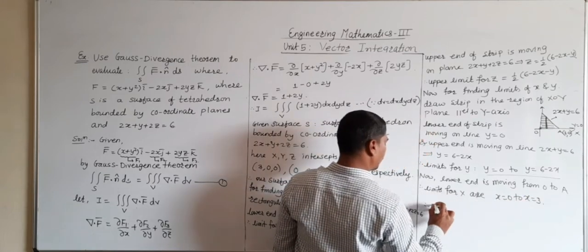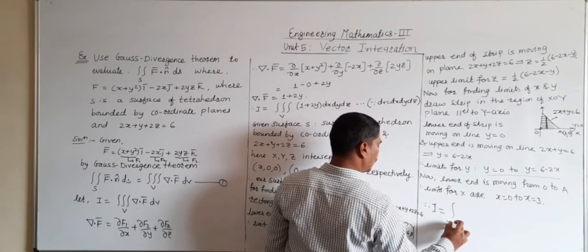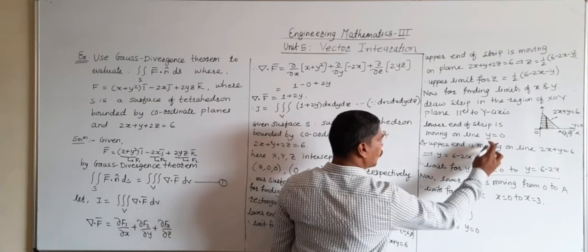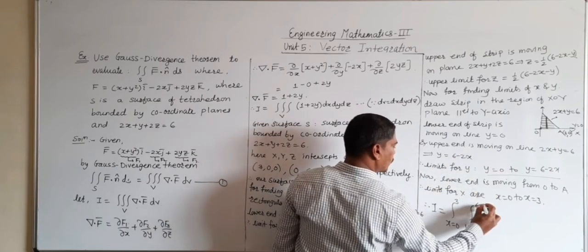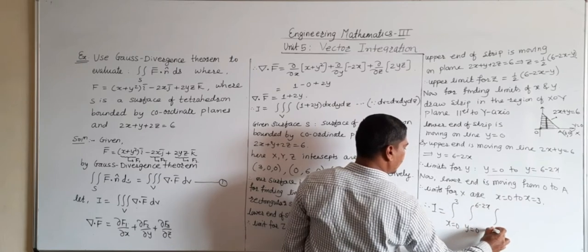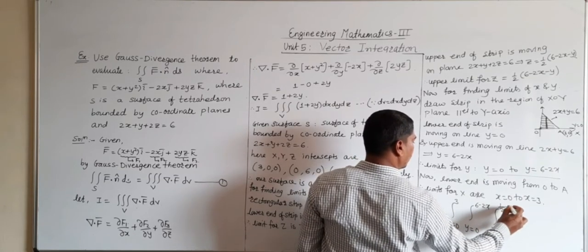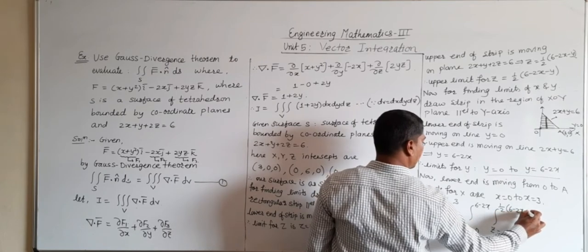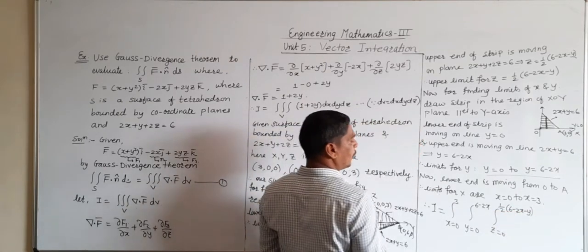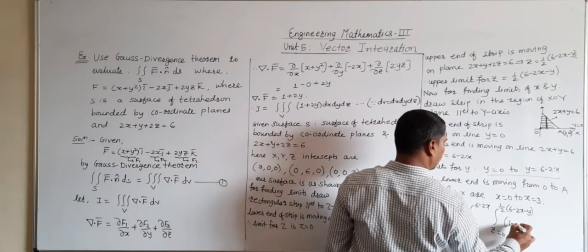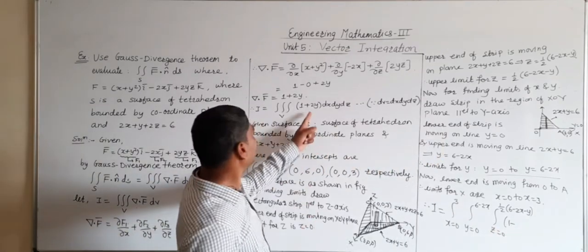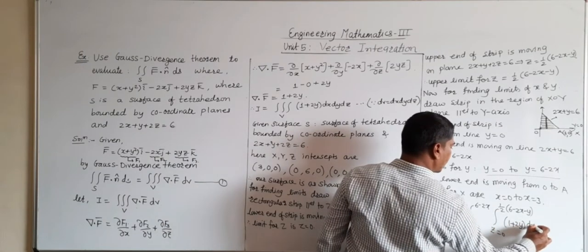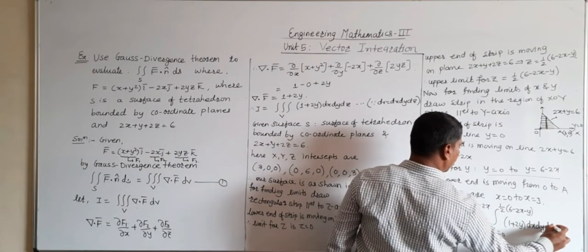Okay, and therefore I is equal to the integration x is equal to 0 to x is equal to 3, y is equal to 0 to 6 minus 2x, and integration z is equal to 0 to 1 upon 2 into bracket 6 minus 2x minus y, and the function is 1 plus 2y, into dx dy dz.